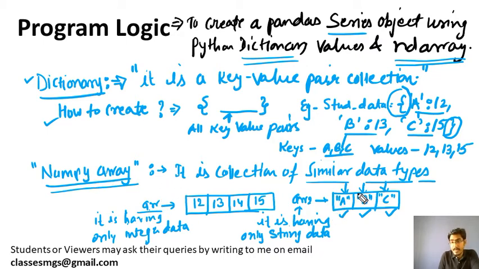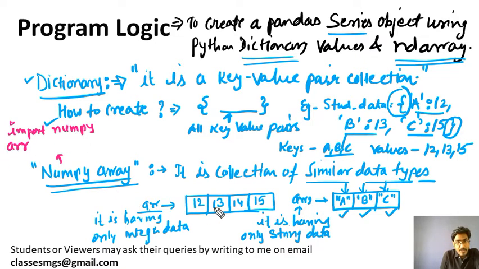How can we create a NumPy array? A NumPy array can be created in multiple ways, and you can use any of the methods, but first, for creating the NumPy array, you should import numpy. NumPy is a library actually; you need to install and import it. Then you will create the array.